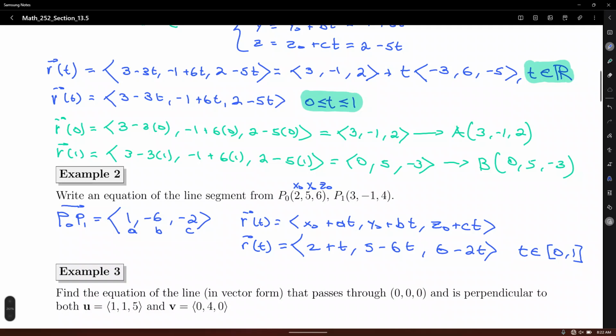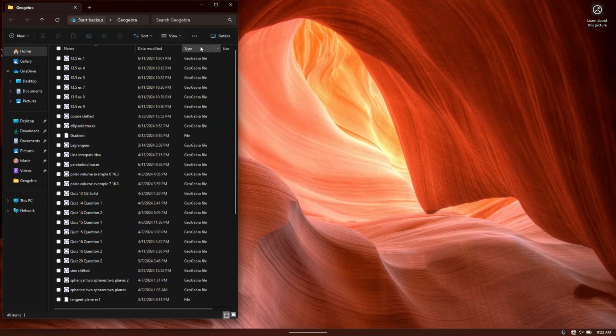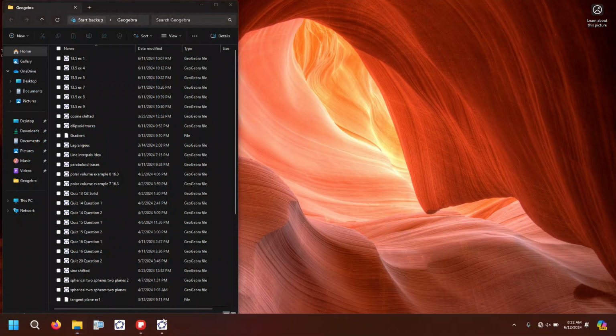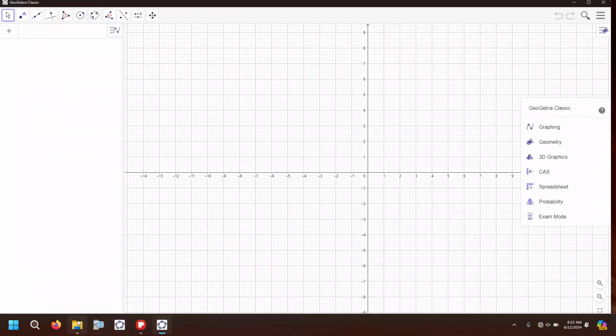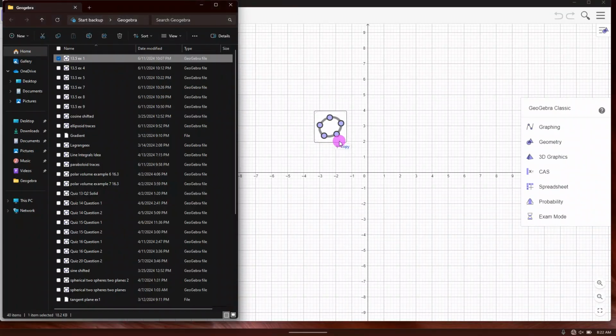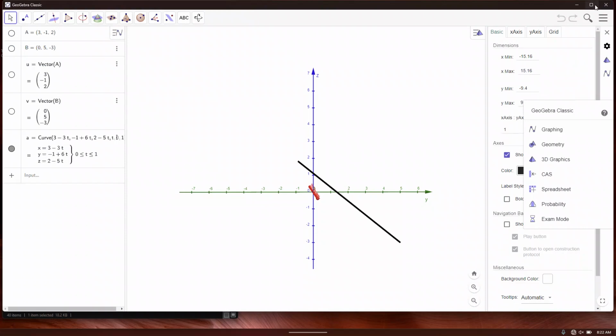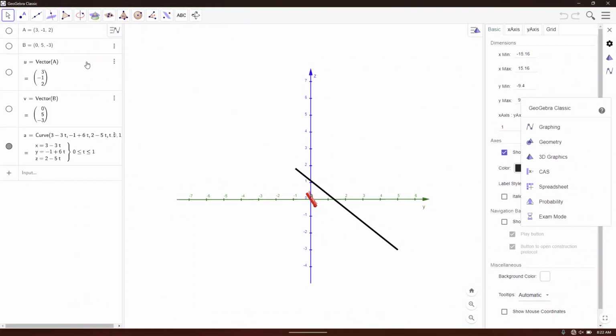All right. Oh, I think I forgot to graph something. Okay, let me open GeoGebra. So I want to show what we are doing essentially. So this is what we're doing here. This is what we're getting.